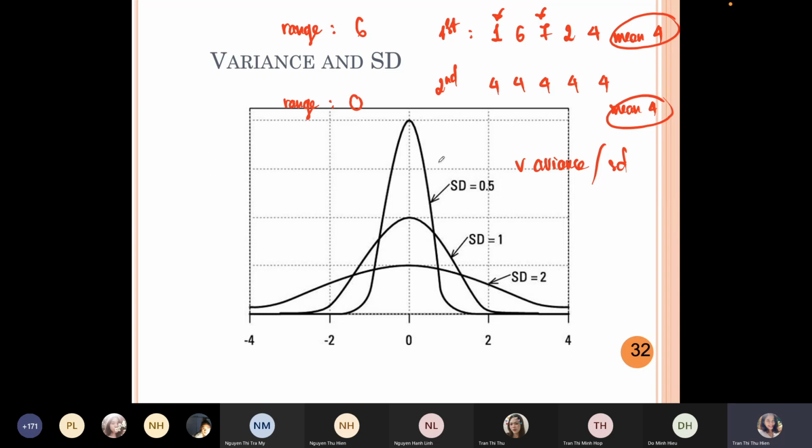Without calculating the variance or standard deviation, can you tell which group has the higher variance? The first group or the second group? The first group is greater than the second one.